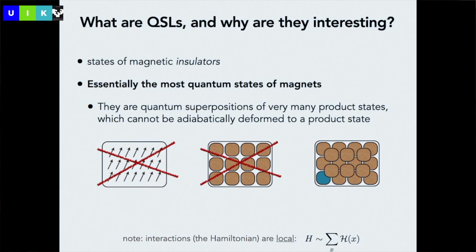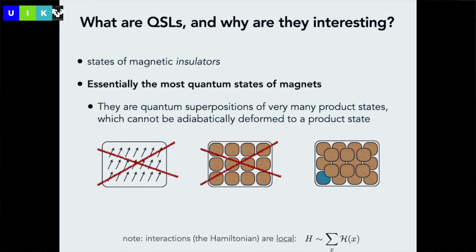And so that's a classical state, and a product state, so the quantum version of a classical state, would be basically the same thing. So physically the same thing. Perhaps the magnitude of the spin because of quantum fluctuations would be slightly reduced if you were to measure its expectation value. So that's not a quantum spin liquid, clearly.